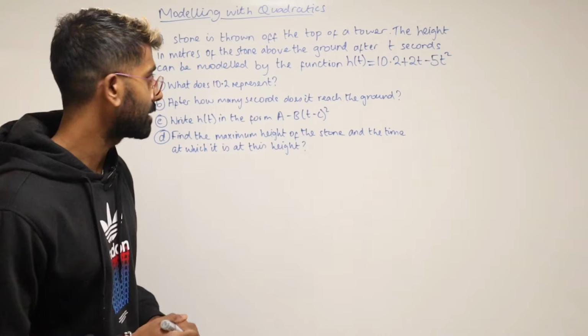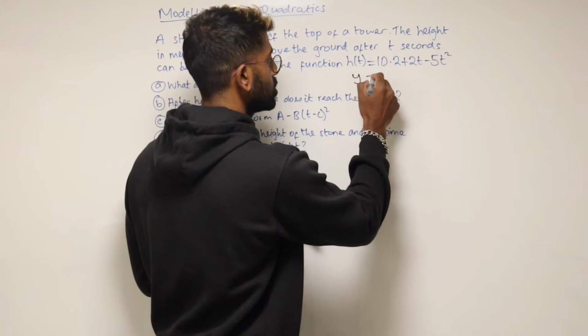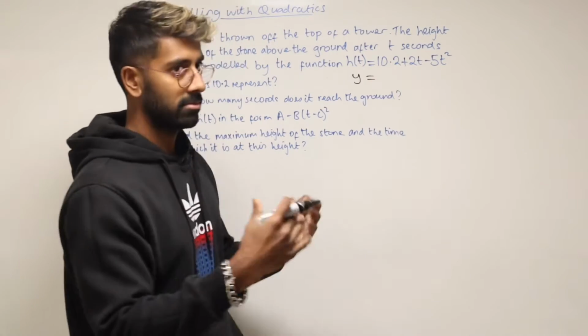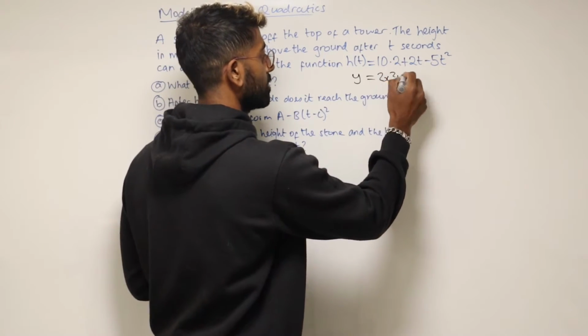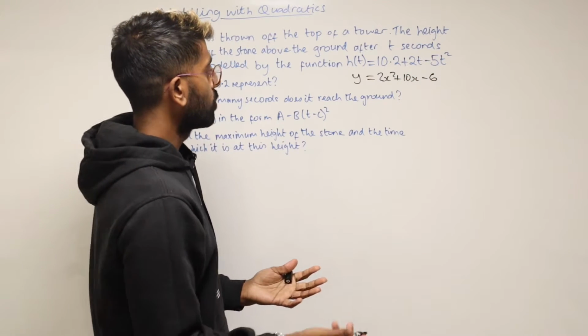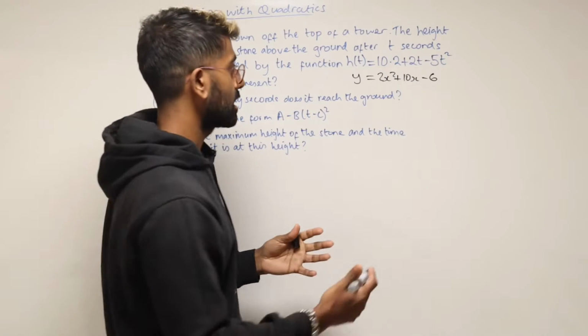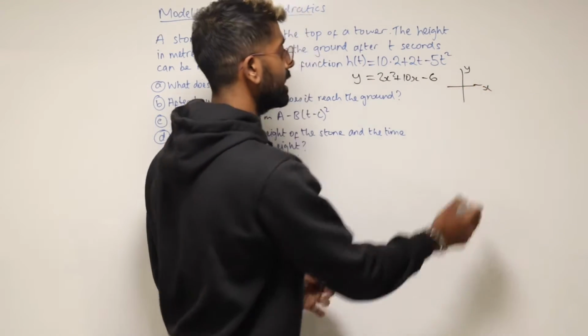So let's do that. Now, before we actually start, usually we see functions written as y equals, and then maybe like 2x squared plus 10x minus, I don't know, 6, let's say. So what we're expecting is that when we sketch this, we have a y-axis and an x-axis.